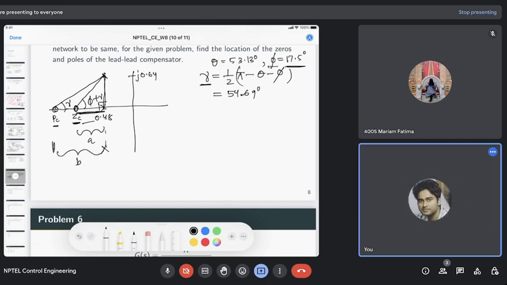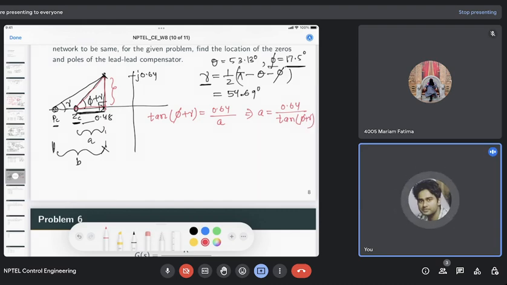First consider this inner triangle, the red one. For that we have tan of phi plus gamma equal to height by base, where the height is 0.64 and the base is A. So A is 0.64 divided by tan of phi plus gamma.